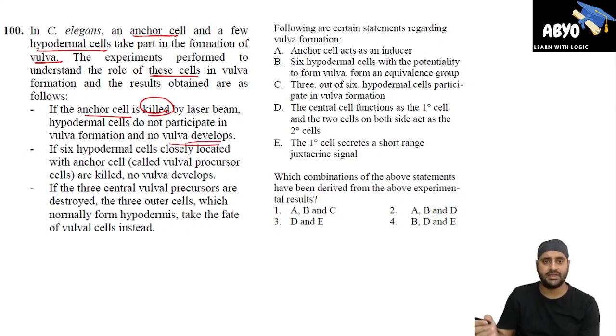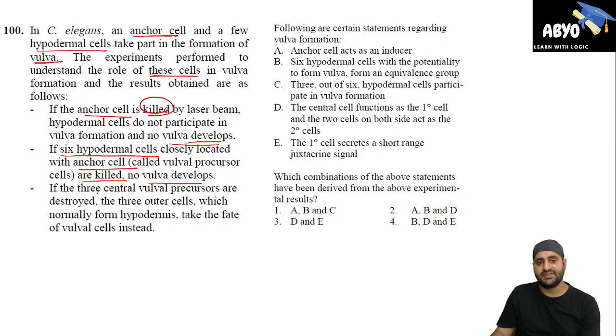That's true, because anchor cell is the source of induction. If the 6 hypodermal cells closely located to the anchor cell, called vulvar precursor cells, are killed, that means we kill all the 6 VPCs, what will happen? The result is no vulva, right?